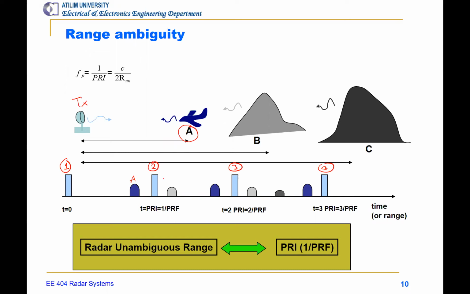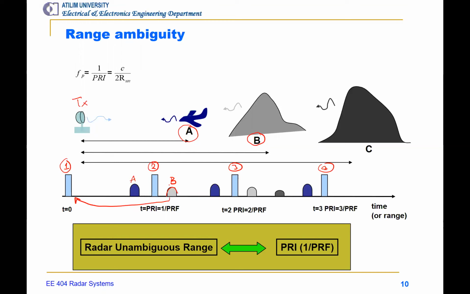So what will happen if there is another target B, which is far from A? Then the echo signal due to the first transmitted signal will be coming after the second pulse, sorry. Then this is going to be an ambiguous echo, right?